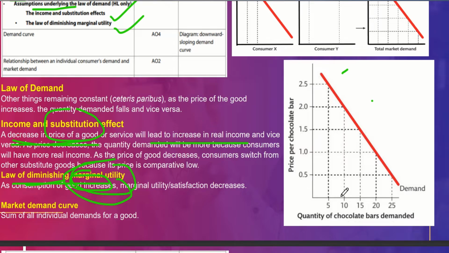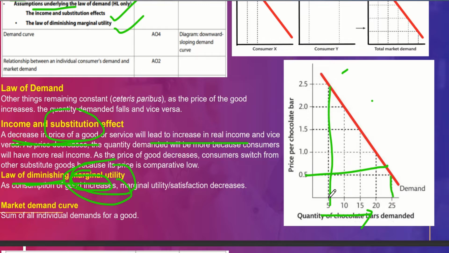So when you are consuming more and more units of that good, so if you are consuming more quantity of chocolate bars, then you will be receiving less amount of satisfaction. For example, with the first unit of chocolate bar, you will have a lot of satisfaction.